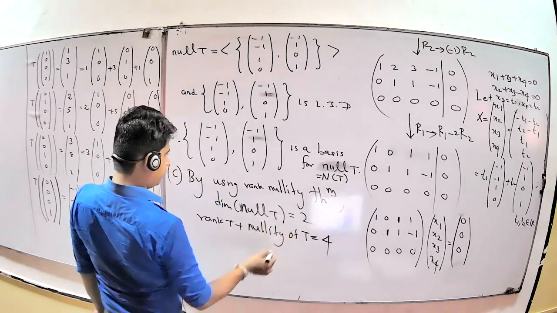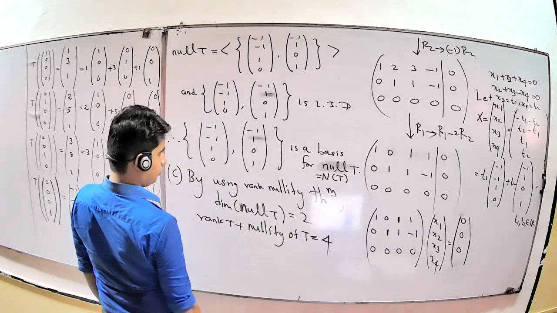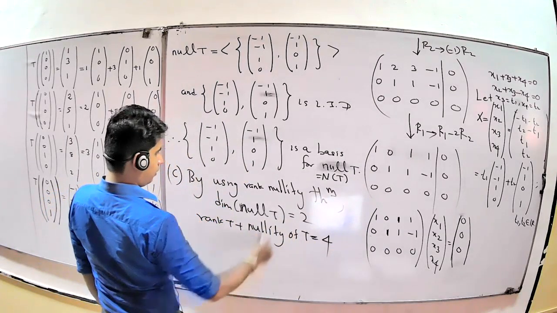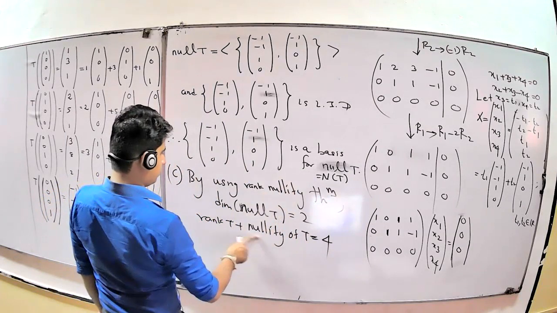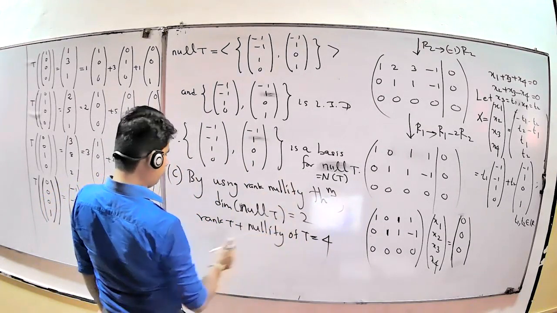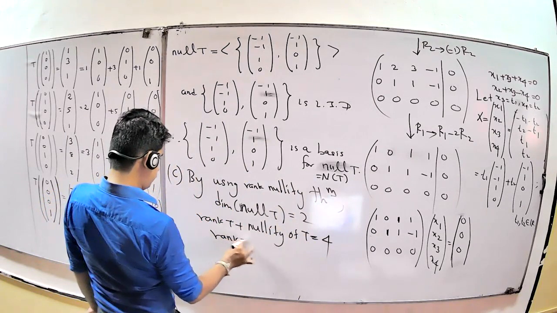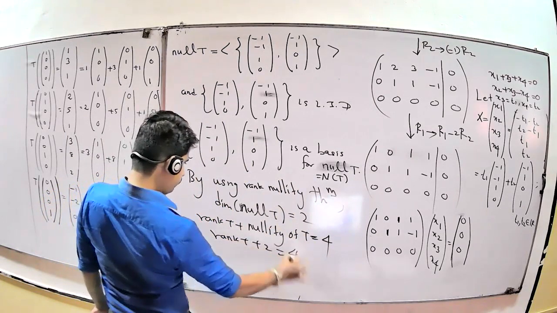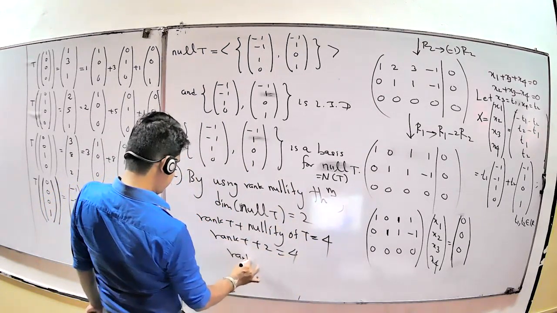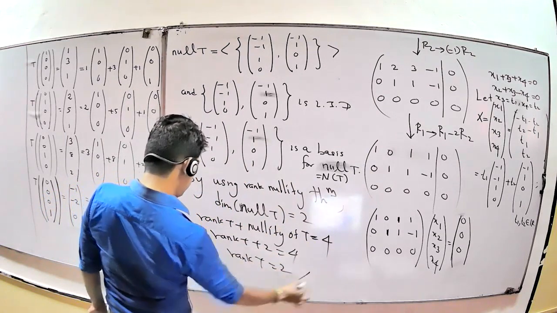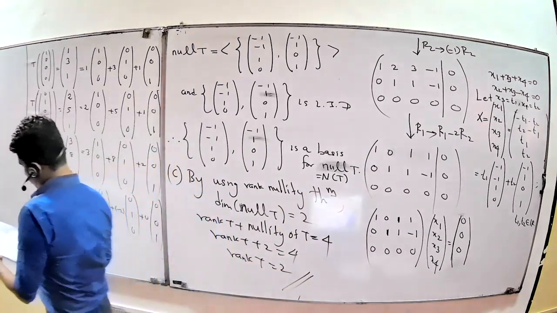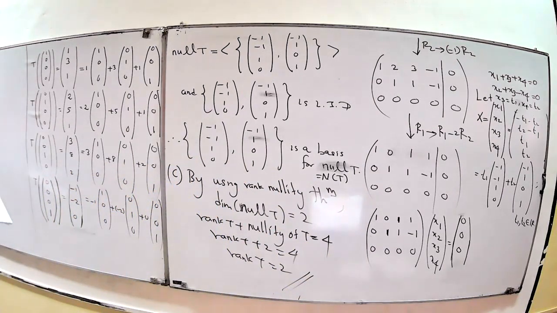Now nullity of T means the dimension of kernel of T, here 2. Therefore rank of T plus 2 equals 4. Therefore rank of T is 2.